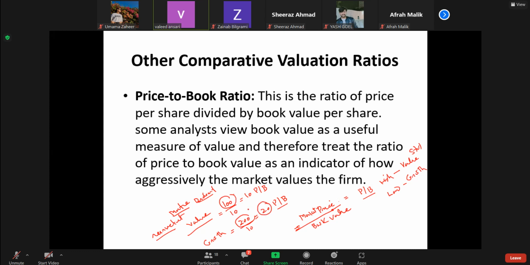So the PB ratio can also indicate the valuation of a company, and it is one of the ways of classifying stocks.